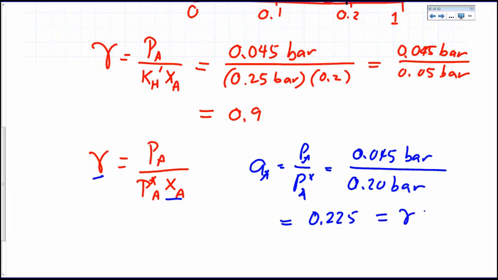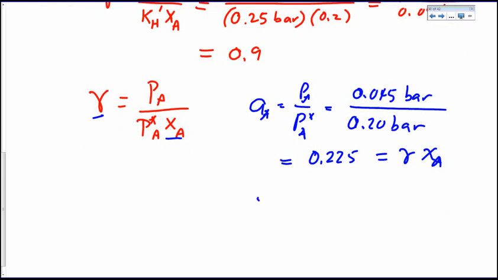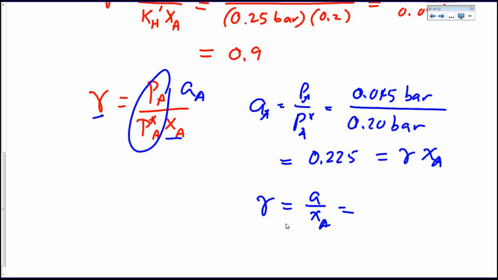Okay, so that's gamma times mole fraction of A. So gamma in this case would just be activity over mole fraction of A. Okay, this is really activity right here of A. Alright, so it's going to be 0.225 over mole fraction of A is 0.2.